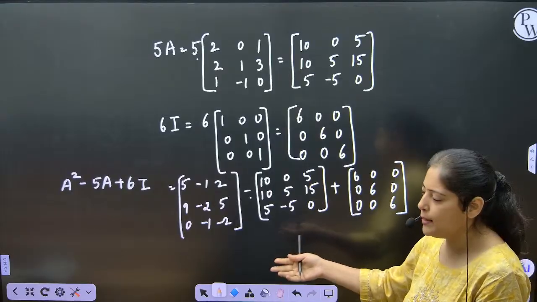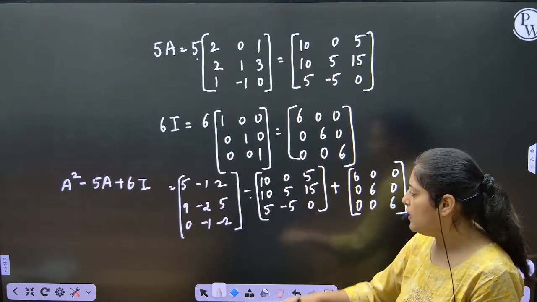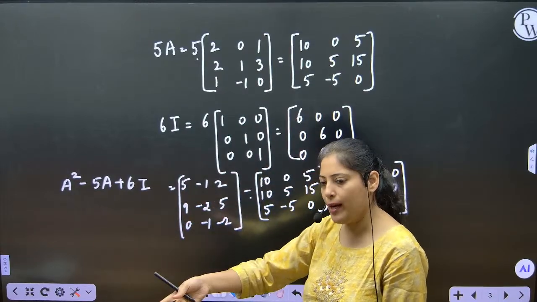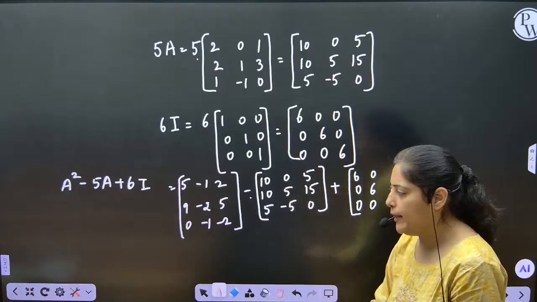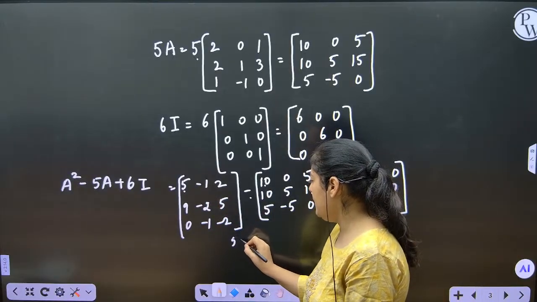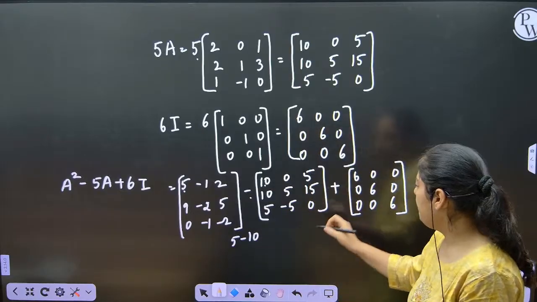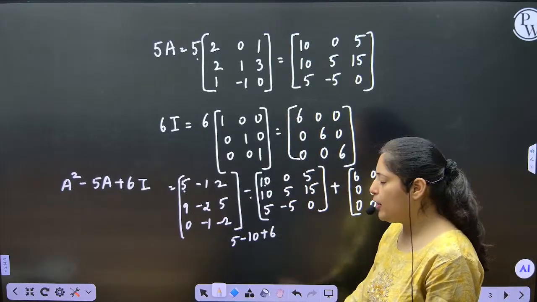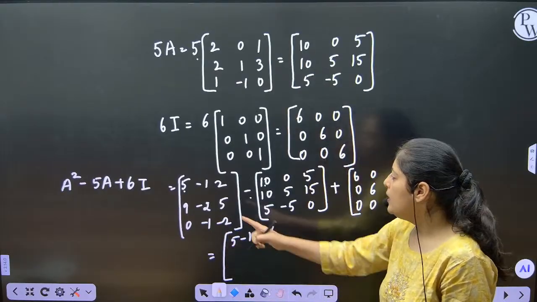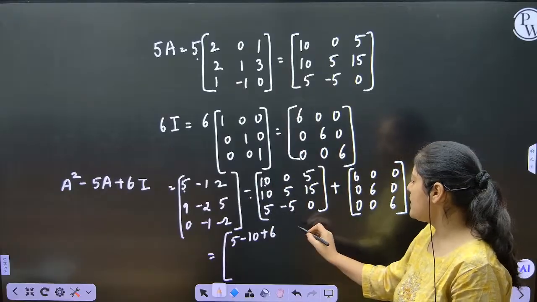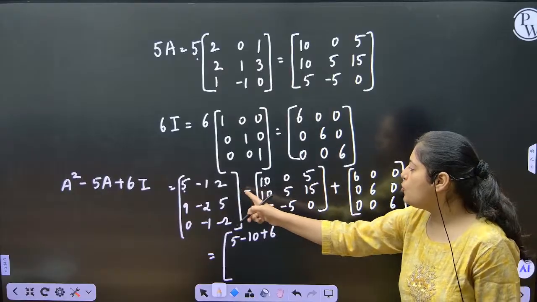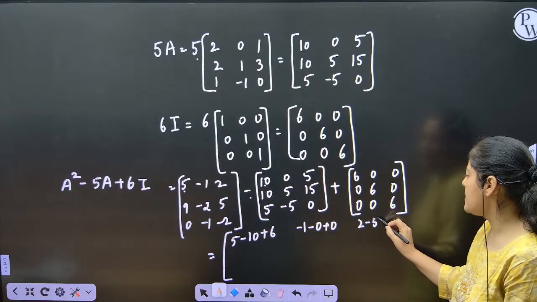Of course the order is the same here, 3 cross 3, 3 cross 3 and 3 cross 3. And second, we have to subtract or add the corresponding elements. Corresponding elements, what will it become? 5 minus 10 plus 6. The operation we cannot change, of course, whatever they are asking we have to follow that. Now minus 1, 0 and 0. Now 2 minus 5 plus 0.